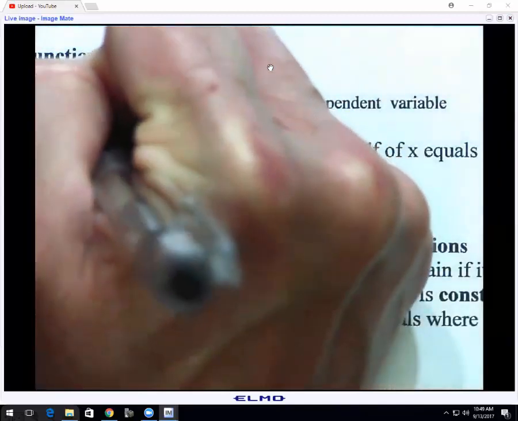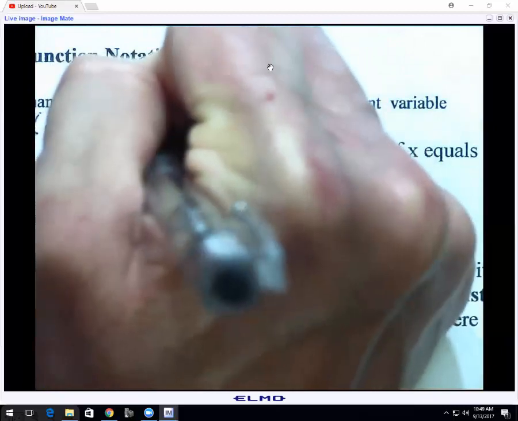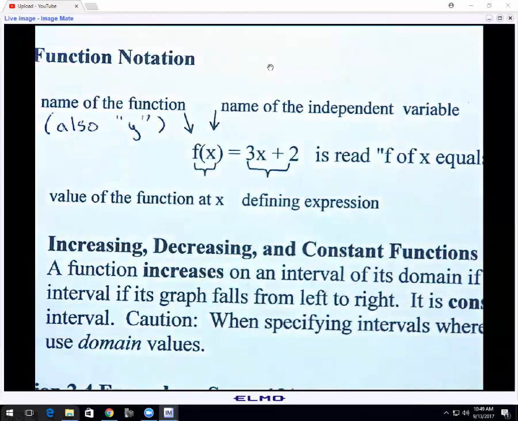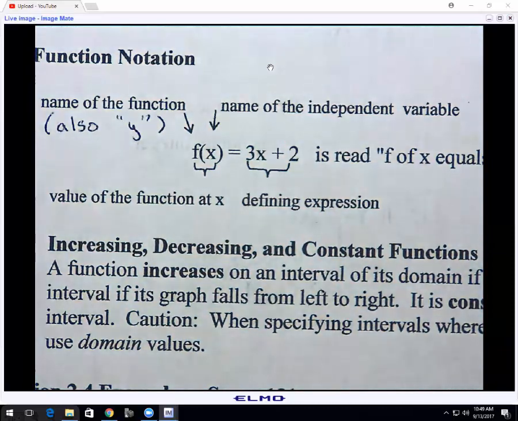Let's see, name of the function. It's the y you get out for each x you put in. So if I said find f of 7, what would that mean to do? Put 7 in the place of the x, you get out 23. If I say find f of 0, what do you do?